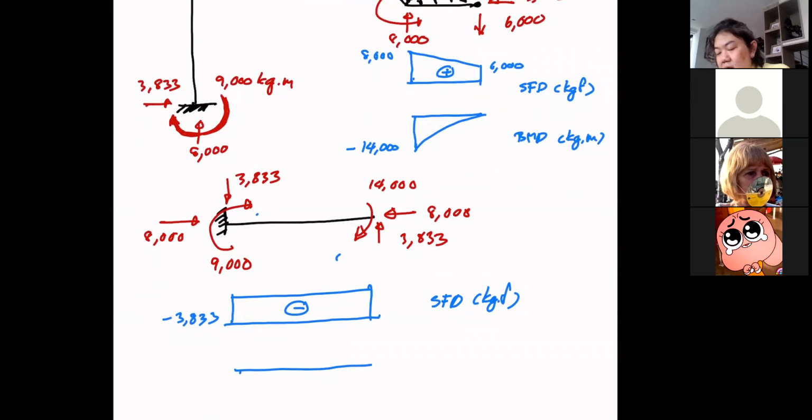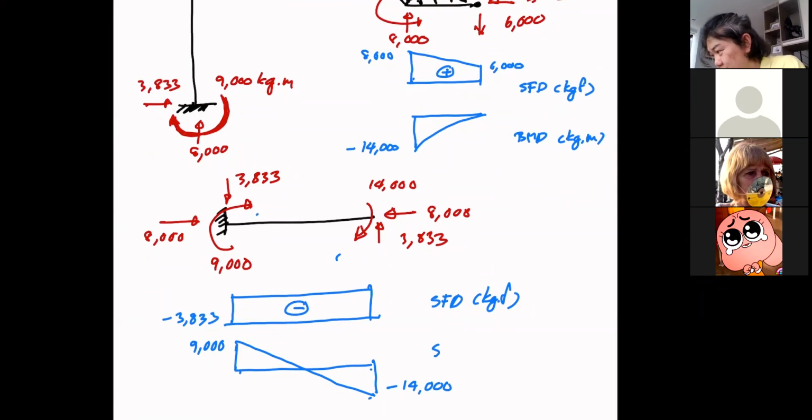Okay, it's clockwise on the left, so that's positive, so 9,000. And then it becomes clockwise on the right, which by the sign convention becomes a negative moment. So there we go. That is minus 14,000 kilogram meter.